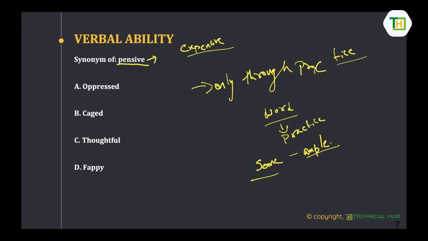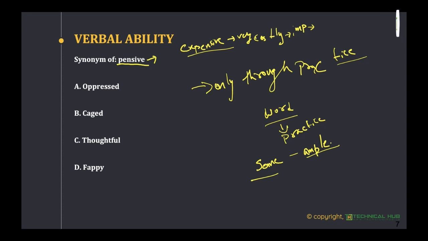Now let's see, expensive means what exactly? Expensive is very important, maybe very costly actually. I'm sorry, it is very costly. What would be costly? Only when it is important. So let's go with that, expensive. Now pensive.